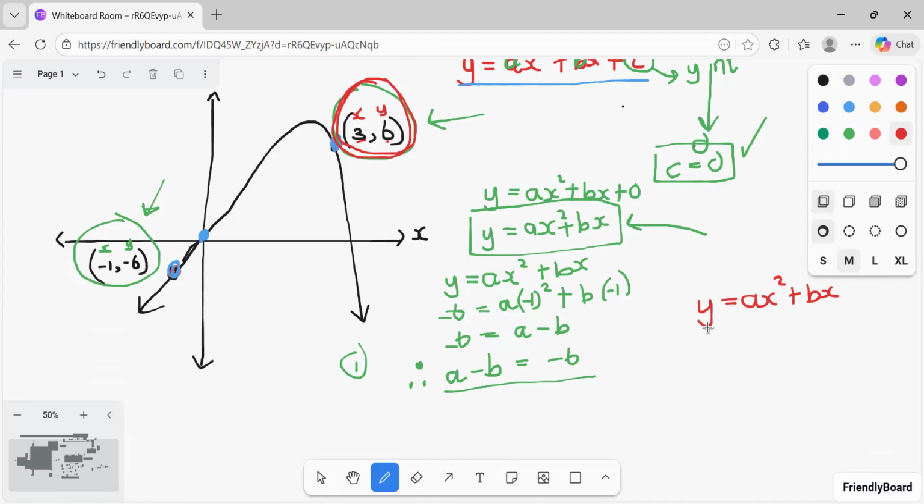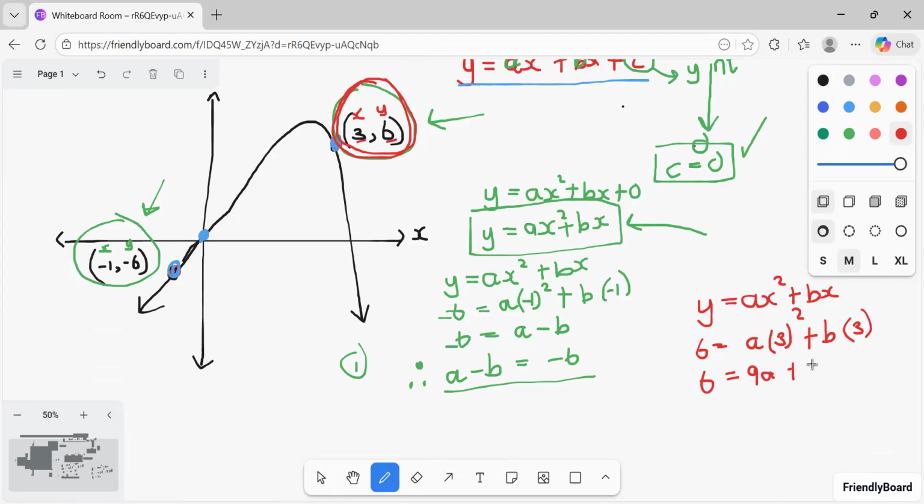So here this is y, so I'm going to put 6 is equal to a. x is 3, so here I'm going to put 3 squared plus b. x is 3, so I'm going to put 3. Which then becomes 6 is equal to 9a plus 3b.